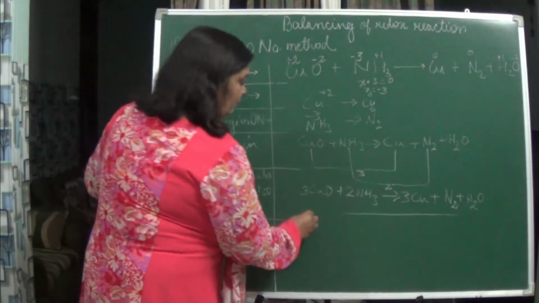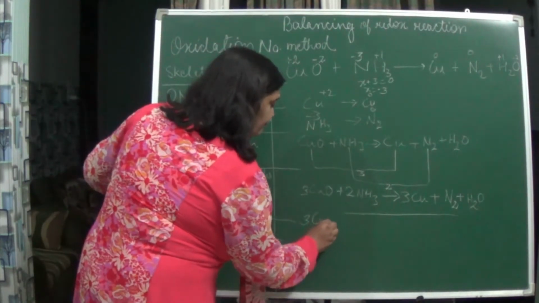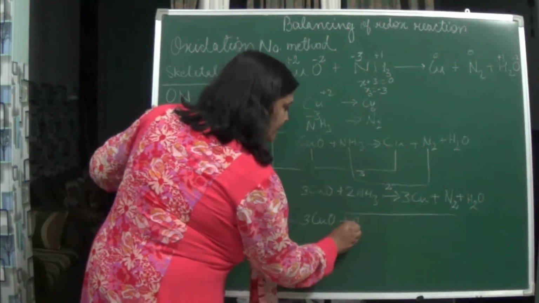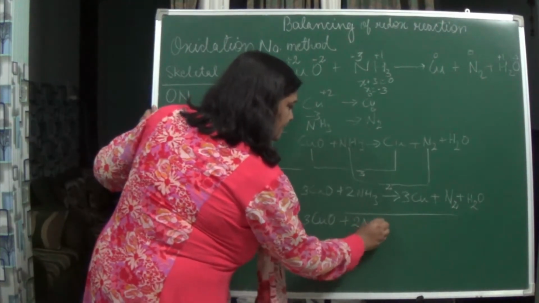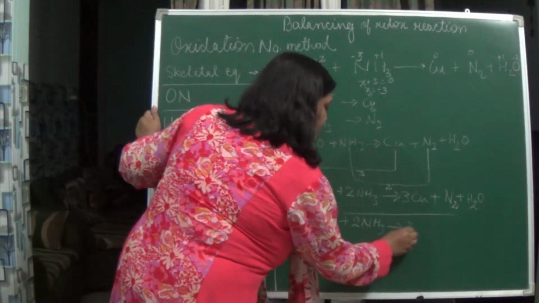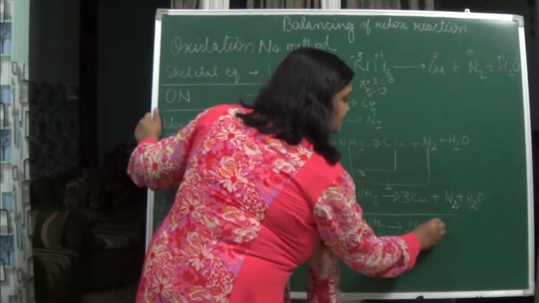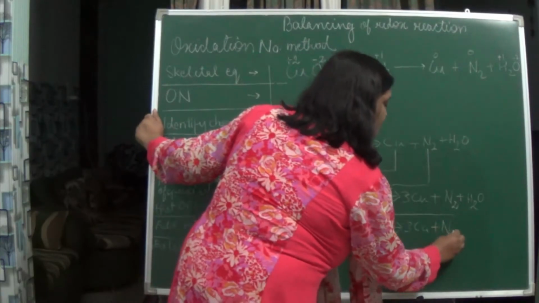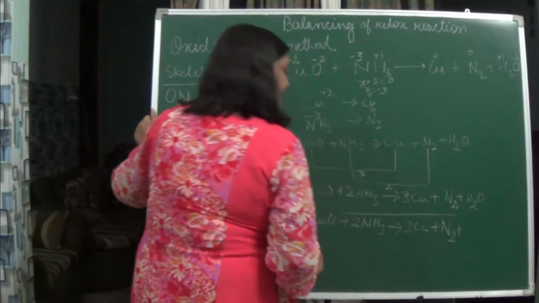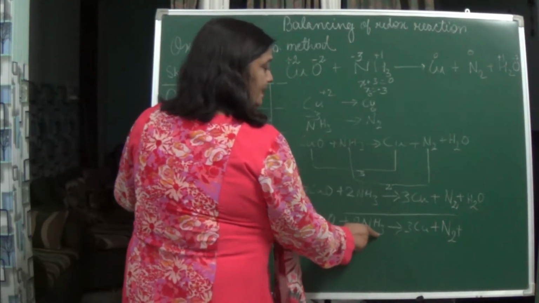So what you will be doing? 3CuO plus 2NH3, okay, gives 3Cu plus N2 plus how many H we have to do? Here it is how many? 6.